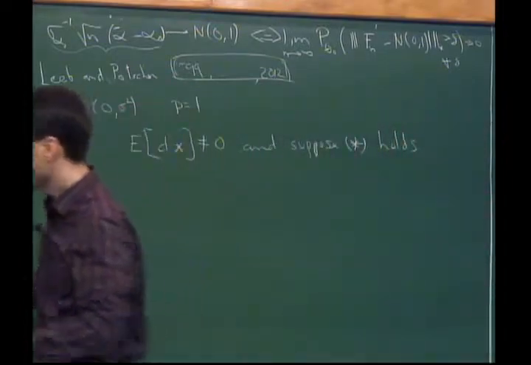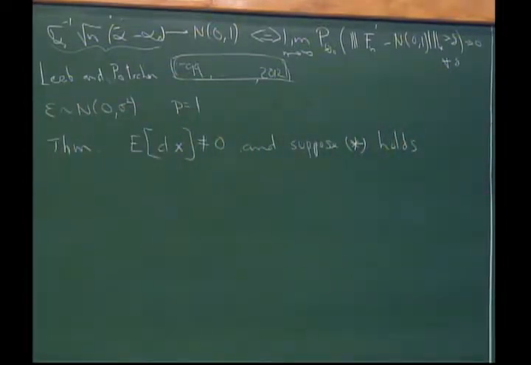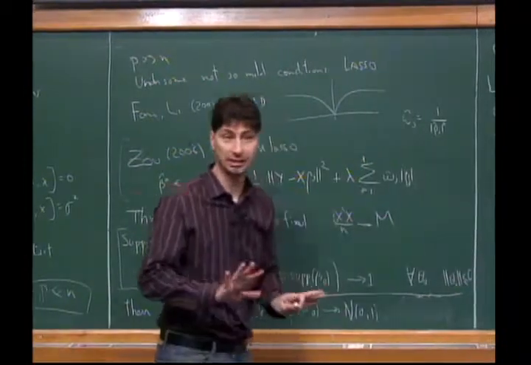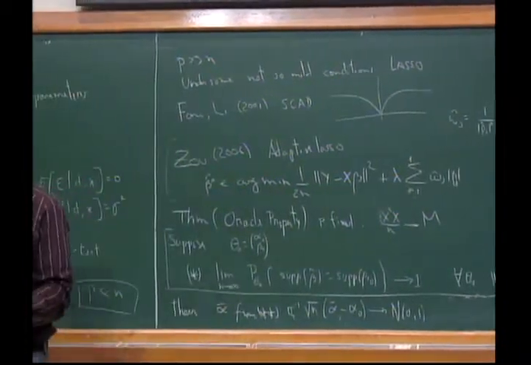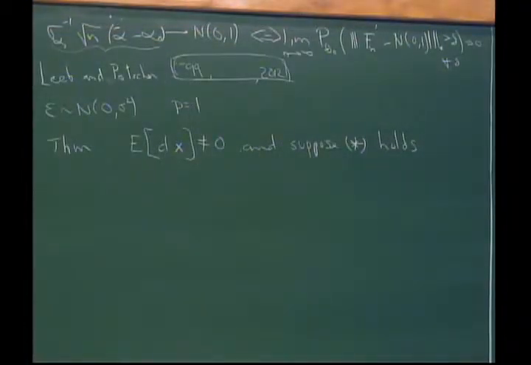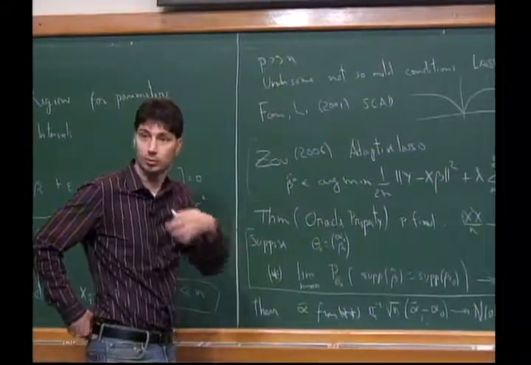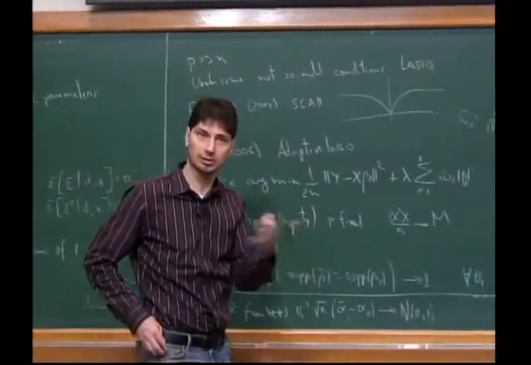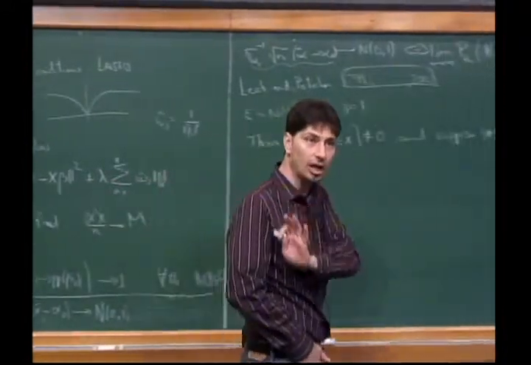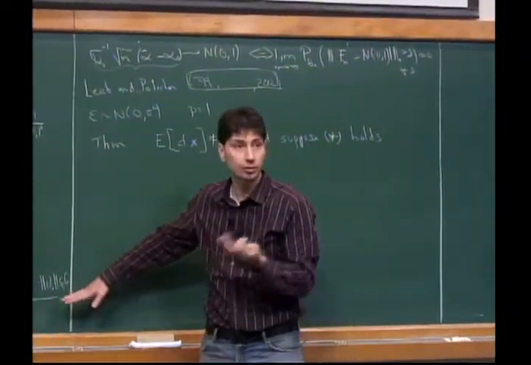I'm assuming I have the oracle property. It's an assumption. I don't care how you got it. I don't care if you use SCAD, adaptive lasso, whatever you're using, sequence of t-tests. I assume you have this thing, which is supposed to be a good thing.